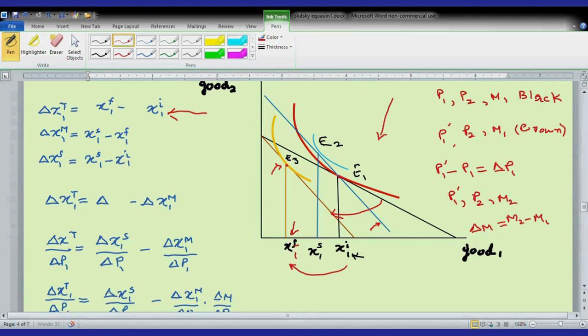And we see that along this blue budget constraint, the utility maximizing combination is represented by point E2.